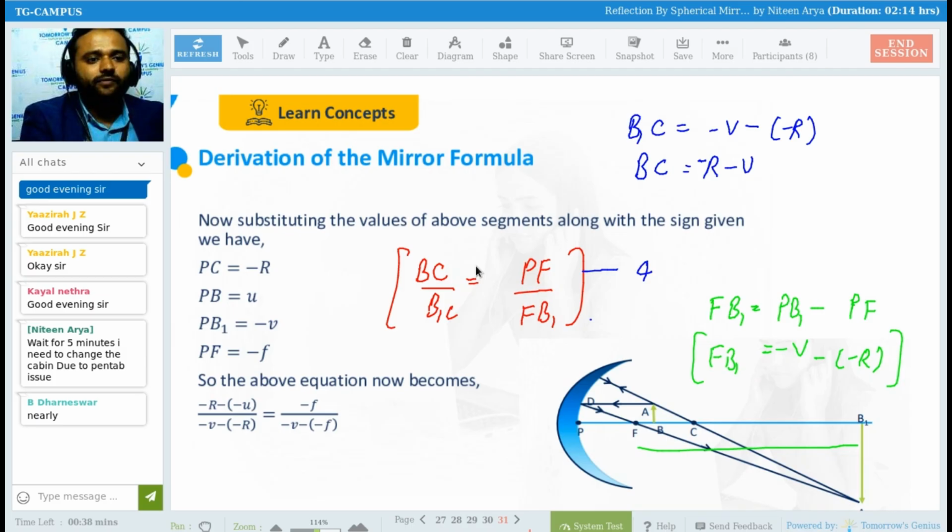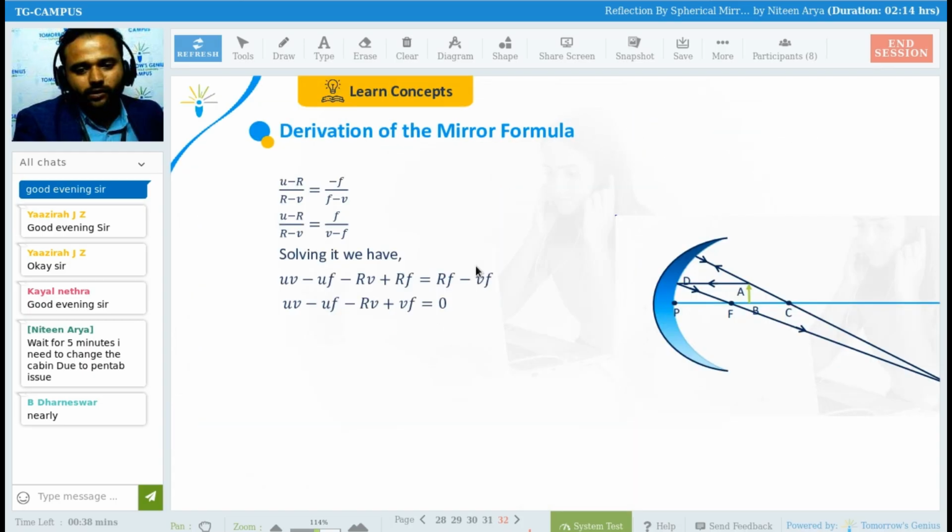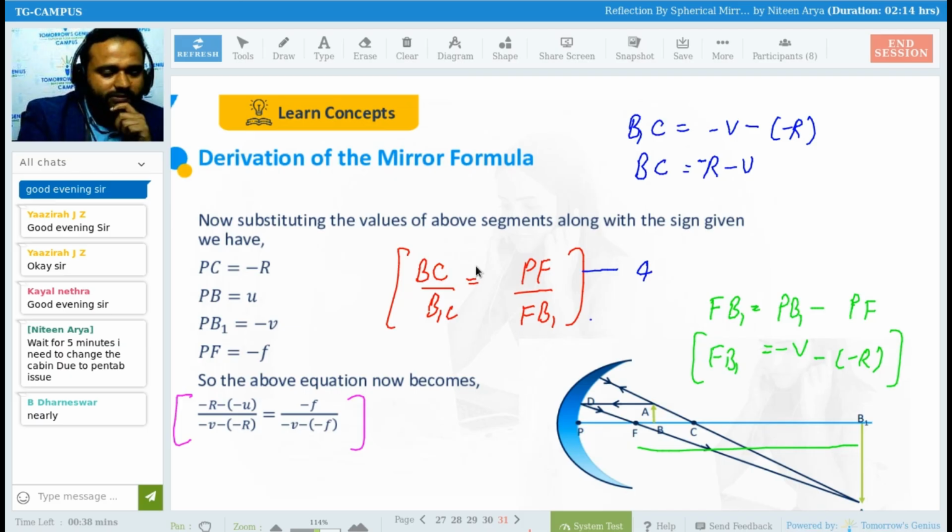So the above equation converts into this, and when we solve it, taking out the negative sign, it is going to be U minus R and R minus V. Clear?